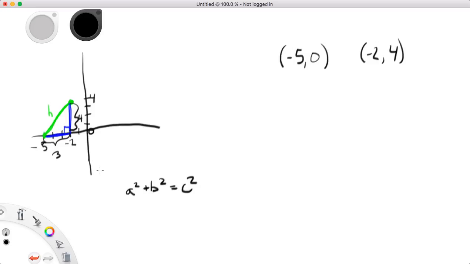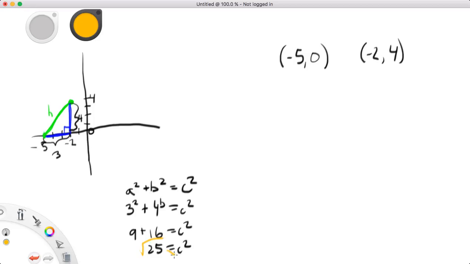Then if we just use the Pythagorean theorem, a squared plus b squared equals c squared, remember c is always your hypotenuse, and your legs are a and b. So I can substitute 3 for a and 4 for b, and this is going to be 9 plus 16 equals c squared. 9 plus 16 is 25 equals c squared.